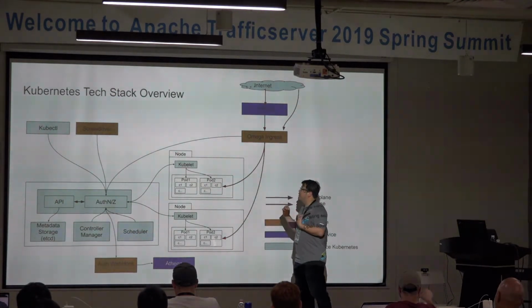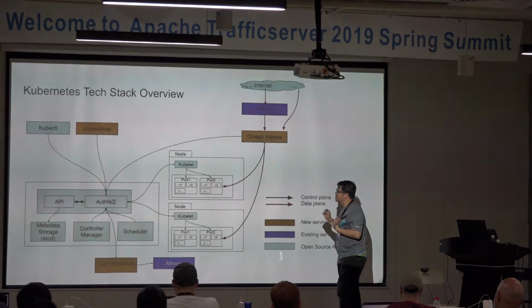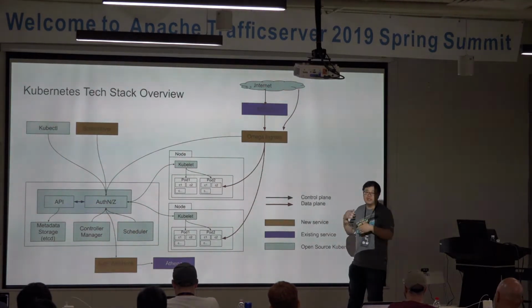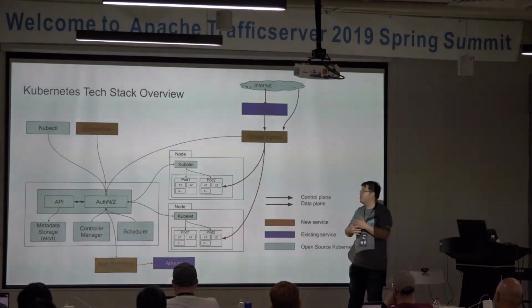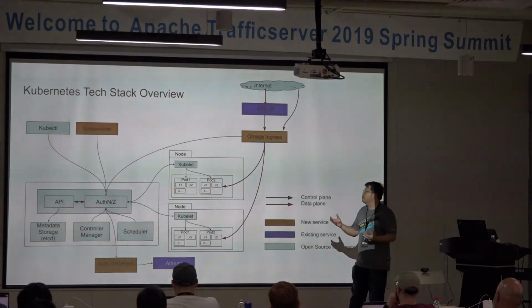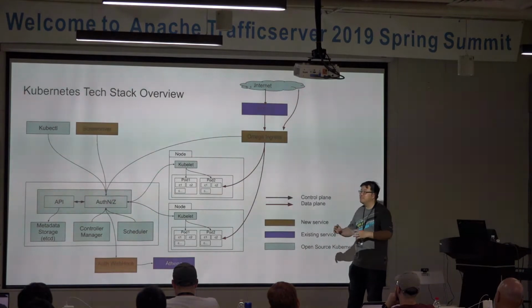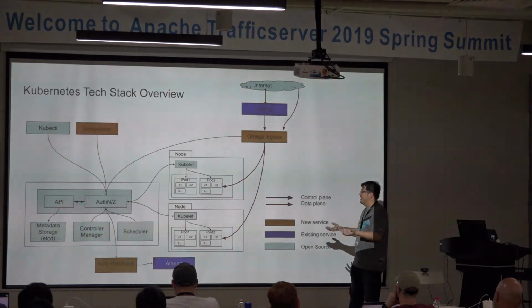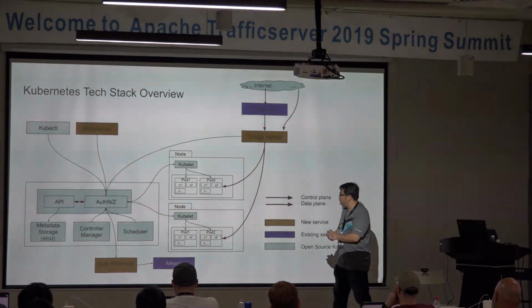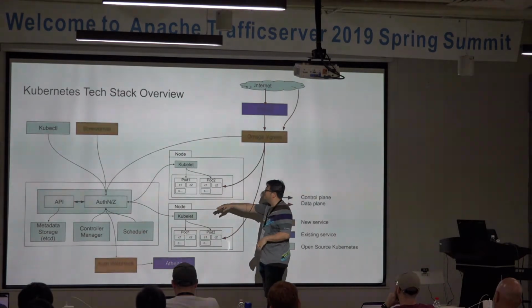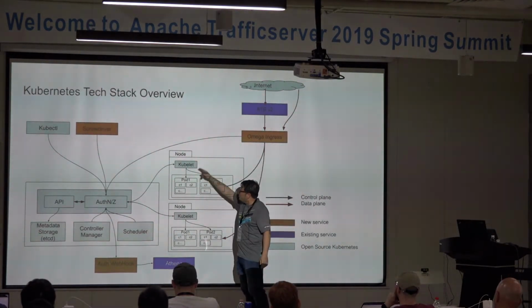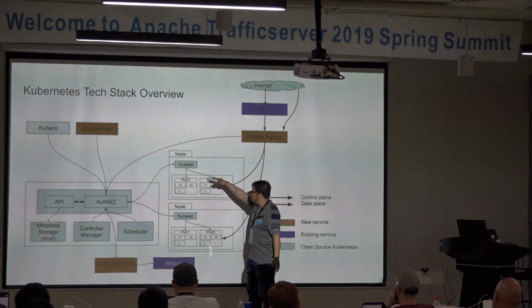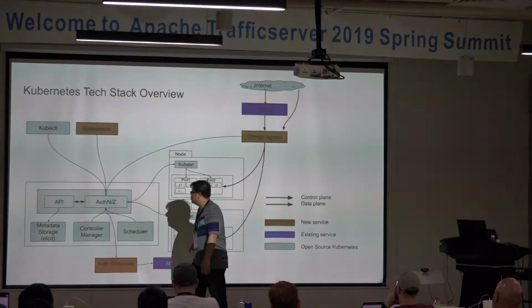What this gives you is a way to containerize your application. On a really powerful box, you can have multiple instances of your application running at the same time. All of these are controlled by an open source Kubernetes entity that knows how to manage all these things.